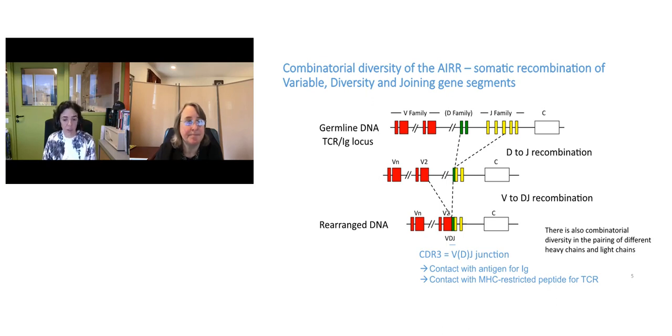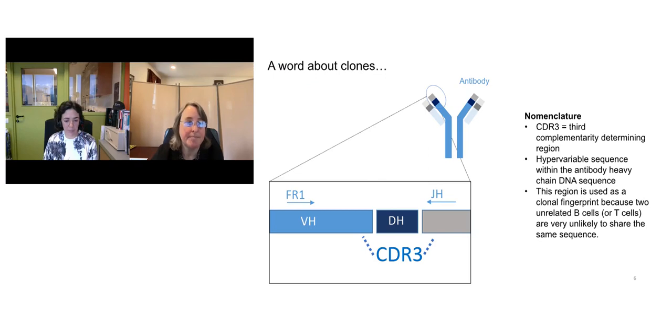And this region has been shown to be important for contact because it is in contact with the antigens for immunoglobulins and with the complex between the peptide and the MHC for the TCR.